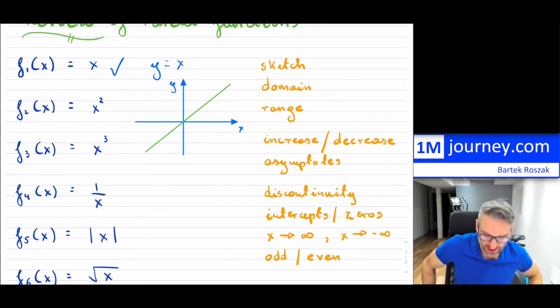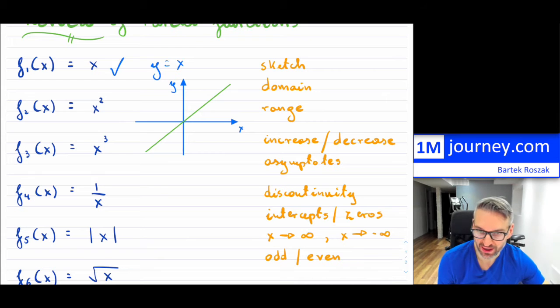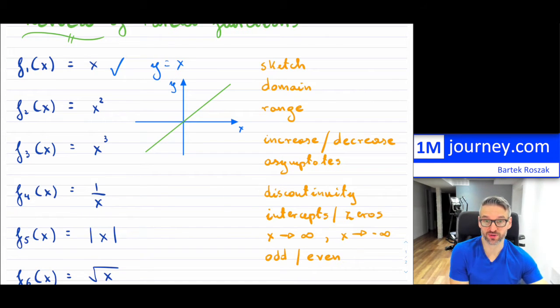Now, the domain on this is very simple because it includes all x. There is nothing really of a worry here. So our domain is all real numbers. Our range also is all real numbers because this function goes from negative infinity all the way up to positive infinity. Is it increasing or decreasing?